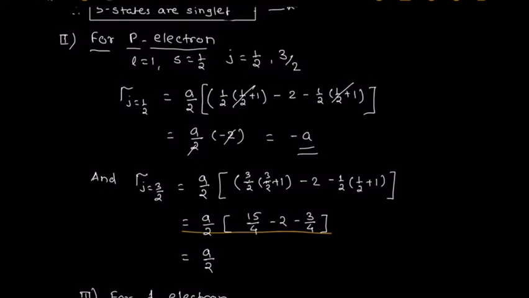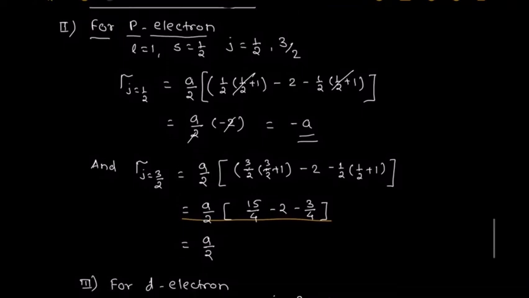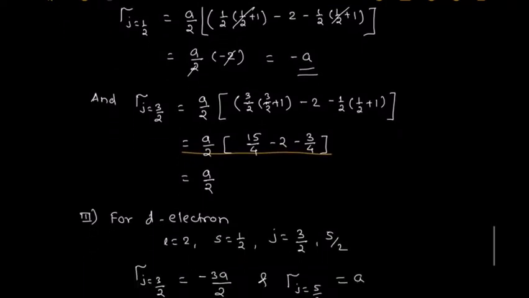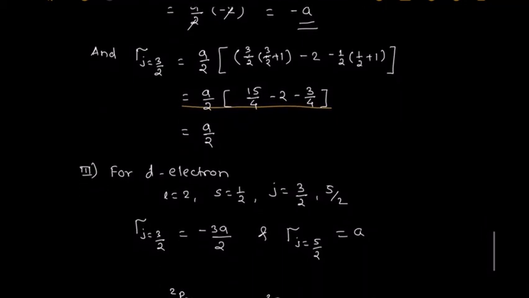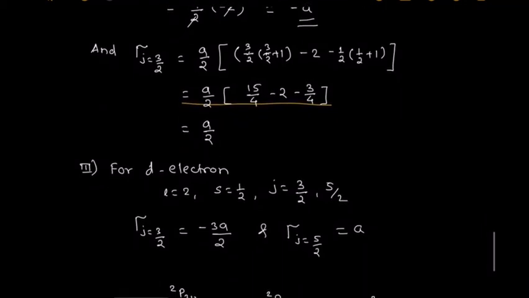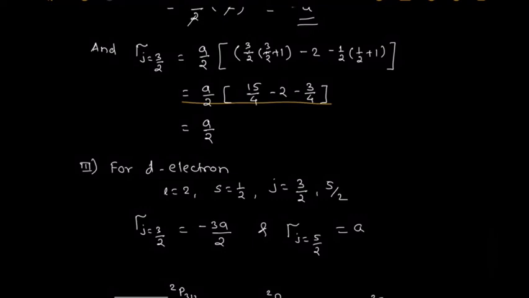How do we draw it? We also sketch the diagram for the P electron doublet as well as the D electron doublet. A similar calculation we do here for the D electron, when L equal to 2, S equal to half. Again, there are two orientations of J: 3 by 2 and 5 by 2. Since we know L plus S and L minus S, we just take L and S here.